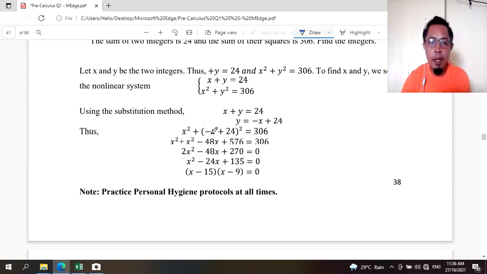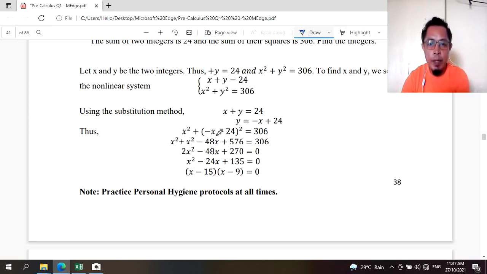So we have negative x plus 24 quantity squared is equal to 306. Expanding that one, we square the first term, which now becomes positive. So we have x squared.